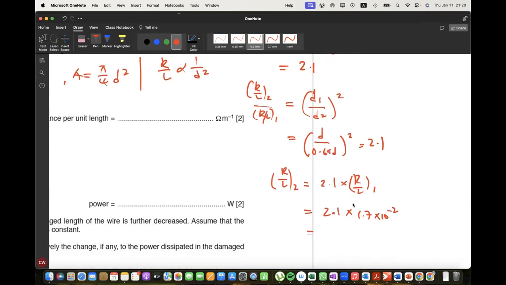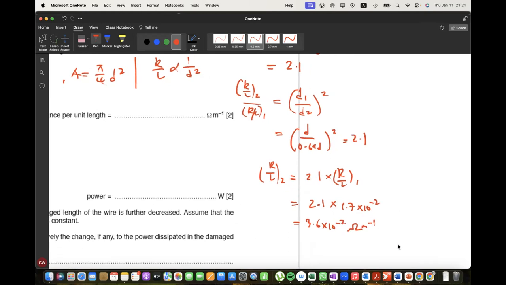So how much is the ratio now? 2.1 times 1.7 times 10 to the power of -2 gives 3.6 times 10 to the power of -2 ohm per meter. Fair enough. You have to know how to play with the mathematics.